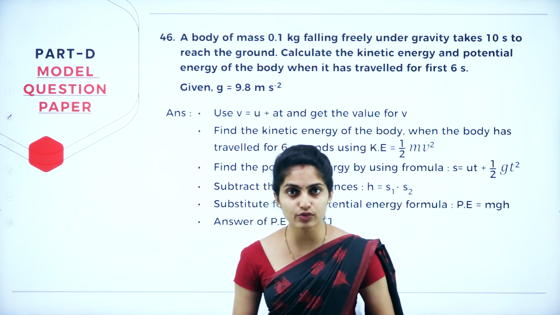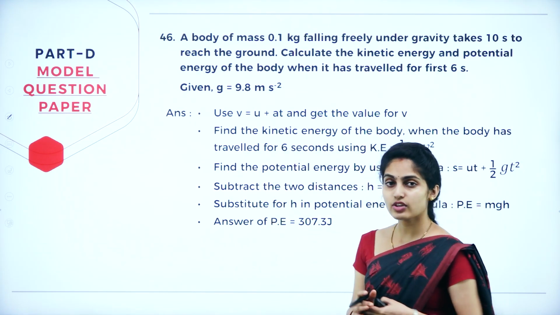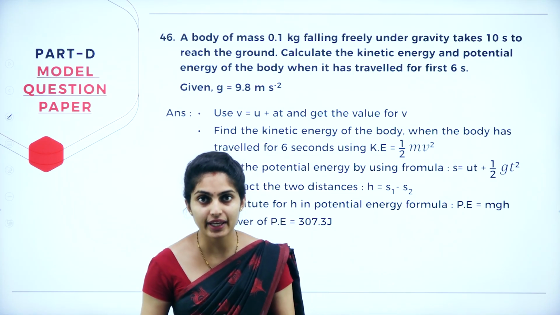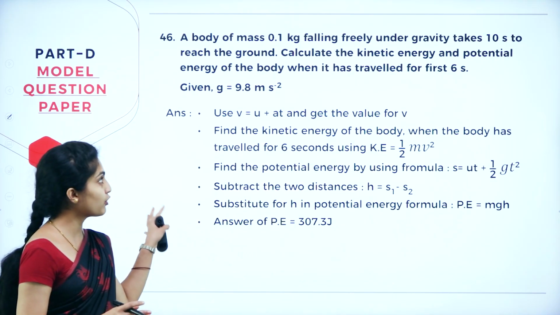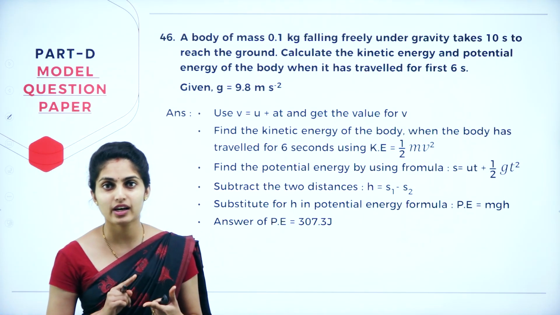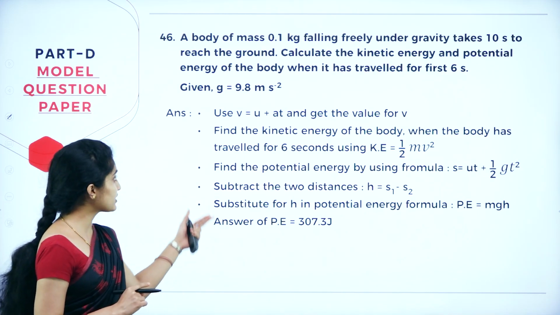So this is a set of questions which carries 5 marks, and this is from the chapter Work, Energy and Power. So here, first of all, by reading the questions, you will have to write the given, then use the formula, then you will have to work it out as given here.